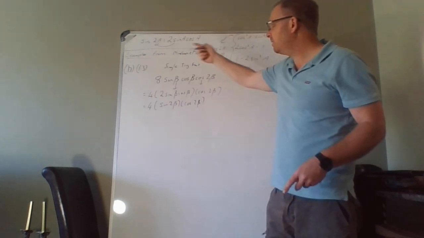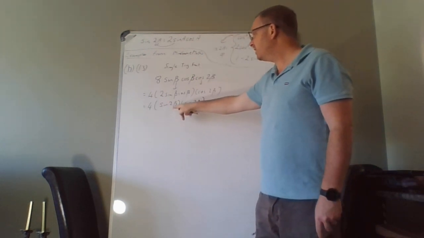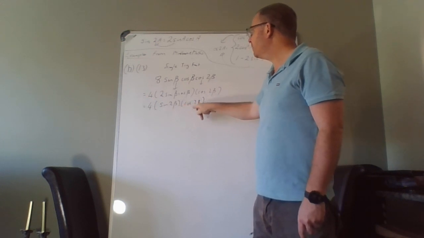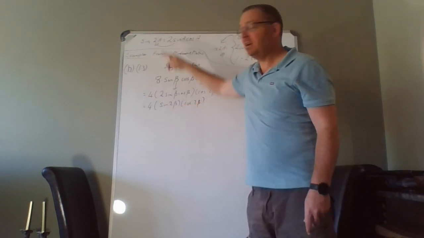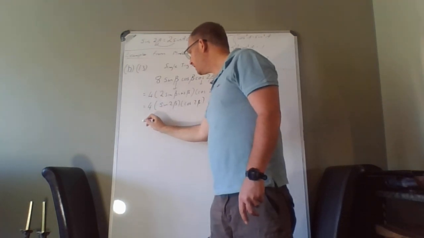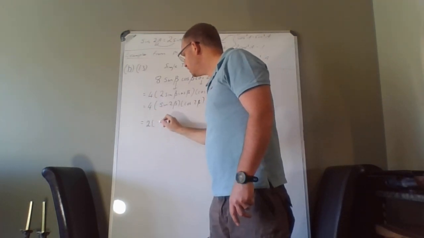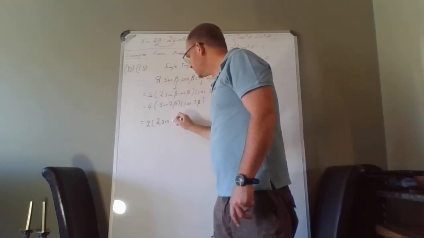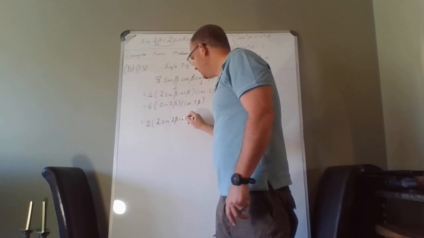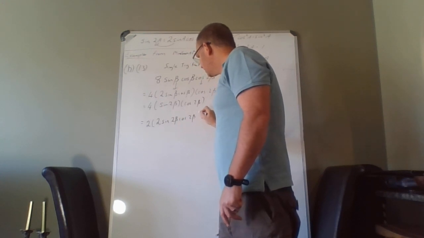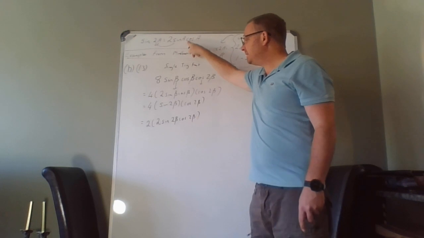So now I've got sine 2 beta, cos 2 beta, which is that kind of pattern, but I need a 2 in front. So instead of having 4 times something, let's make it 2 times 2 sine 2 beta, cos 2 beta. And now I've got that pattern over there.